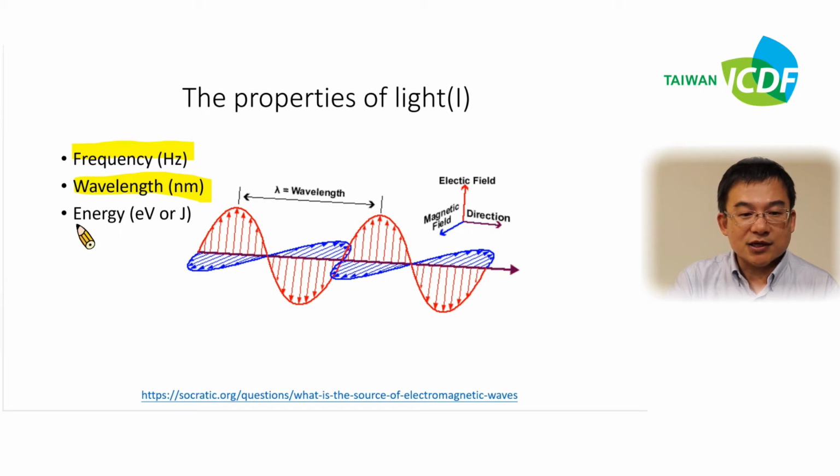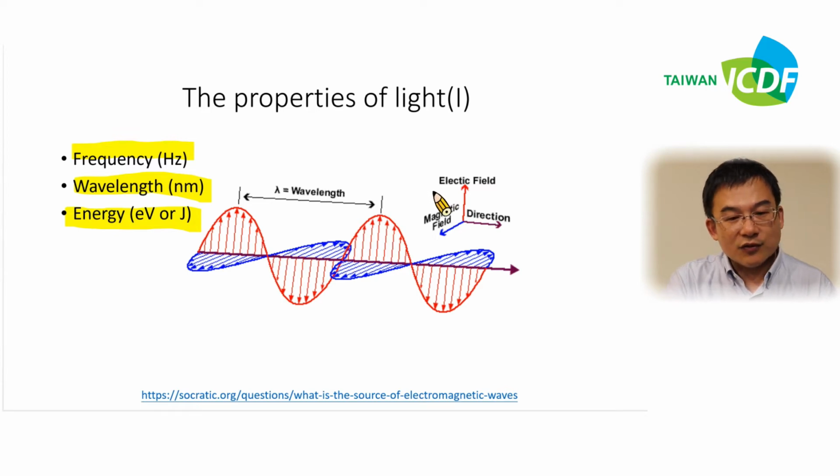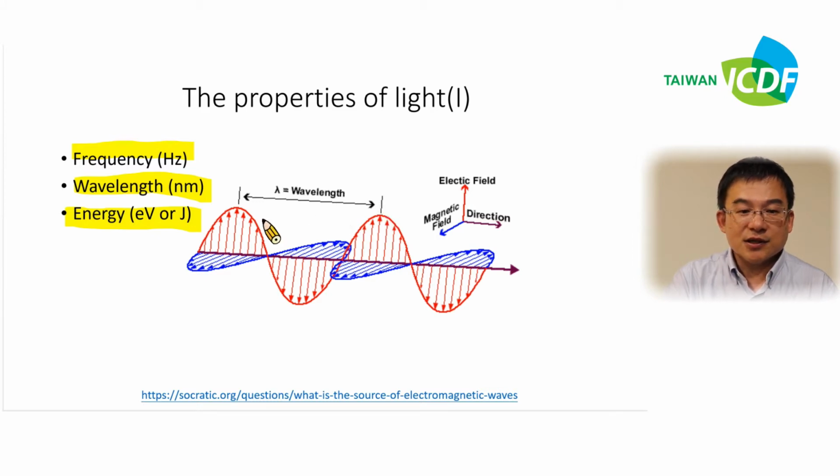Or we can use the energy, in electron volts or joules. And from this transparency, we can see this area is the wavelengths of the sun. We can use wavelength to describe the energy of the sun, or we can transfer it to how many electron volts the sun has.